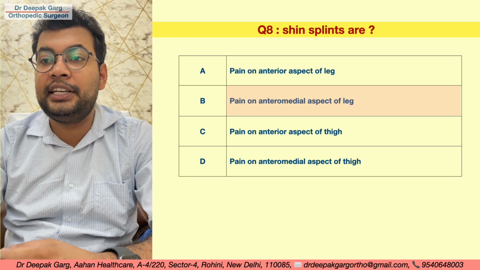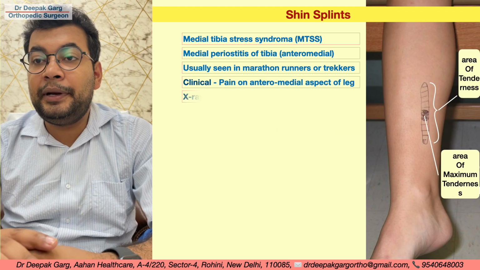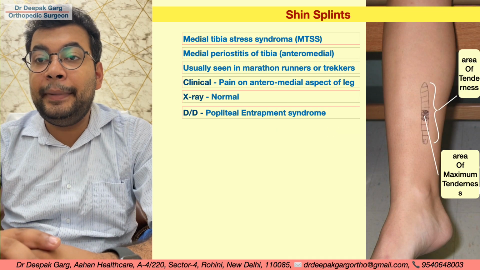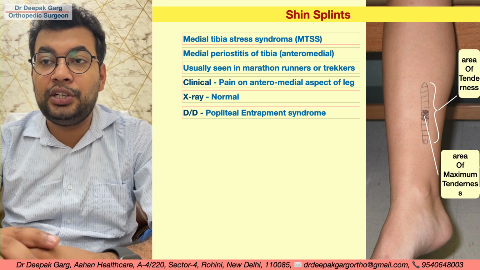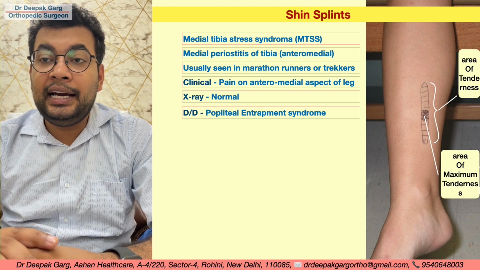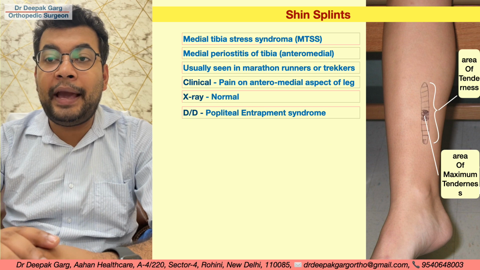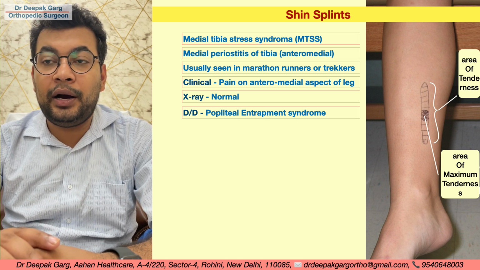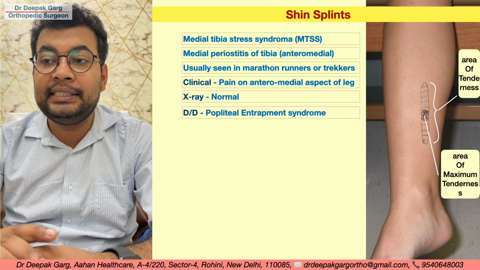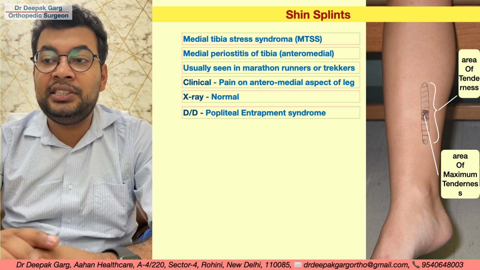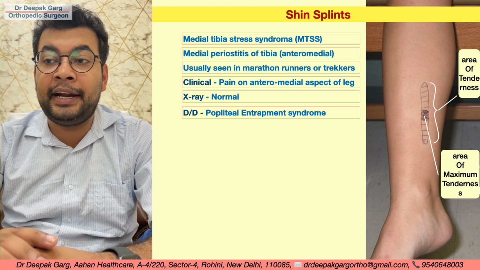Let's look at the details. So what are shin splints? Shin splints are also called medial tibial stress syndrome, MTSS. They are usually because of medial periostitis of the tibia on the anteromedial side. From the diagram we can see this is the area of tenderness, and the central area is the area of maximum tenderness.